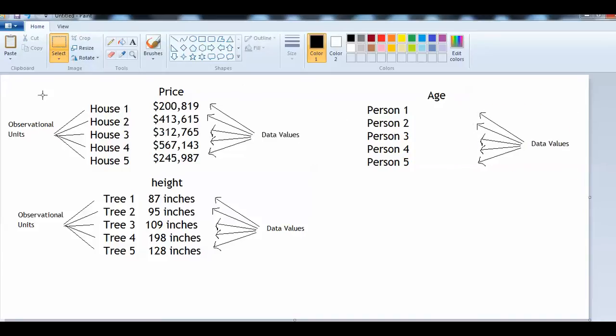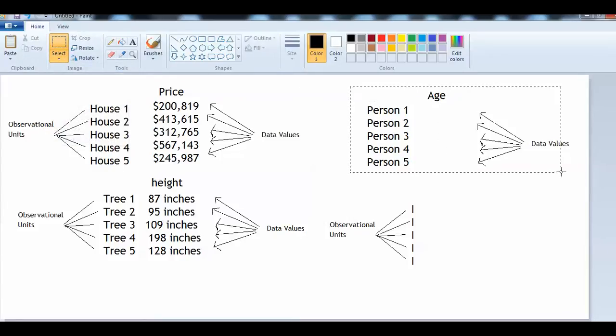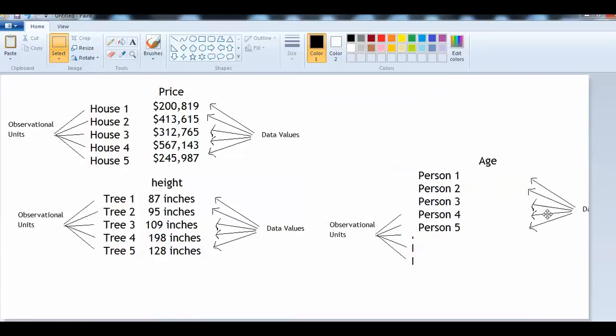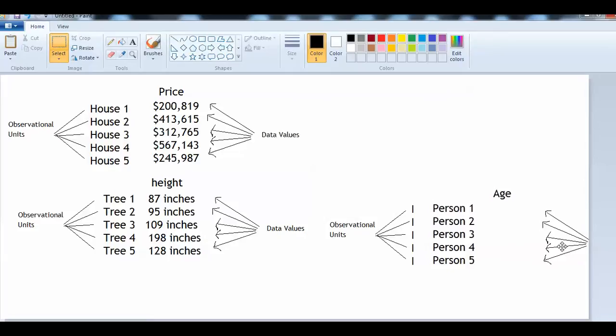And what about the people? The people are the observational units.